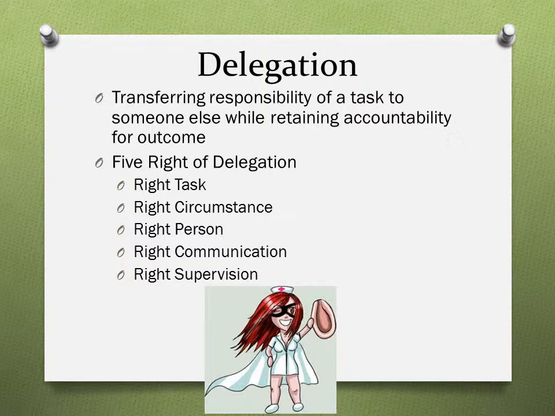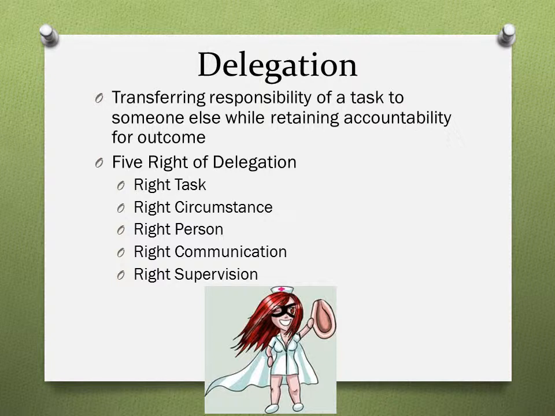Always remember the 5 rights of delegation. The right task: tasks that can be delegated are repetitive, they require little supervision, they're relatively non-invasive, they have predictable results and potential minimal risk.